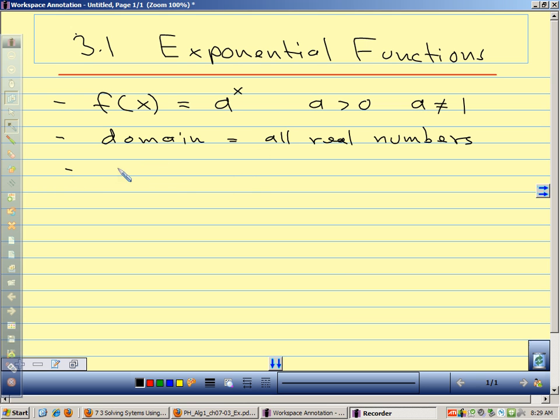The range equals all numbers greater than 0. And we can write that as 0, infinity. We could write the domain as minus infinity, infinity.